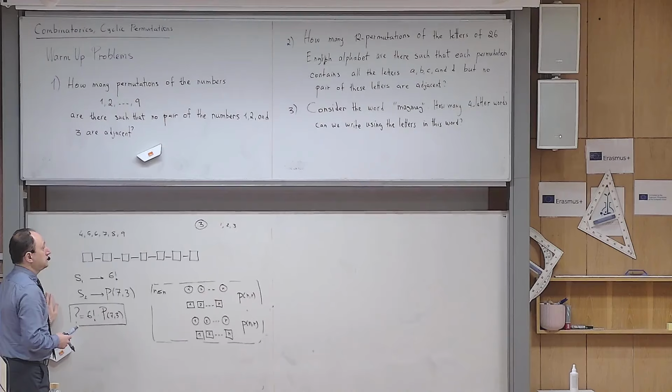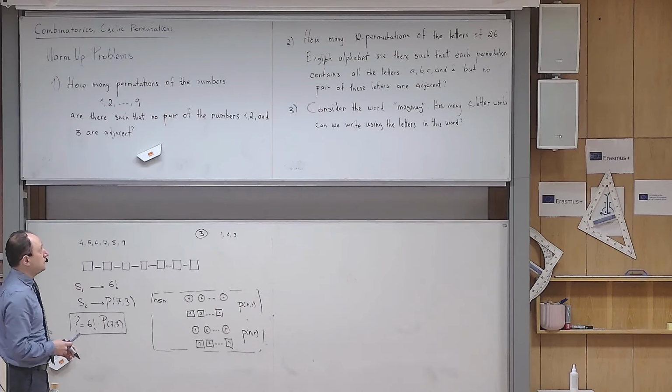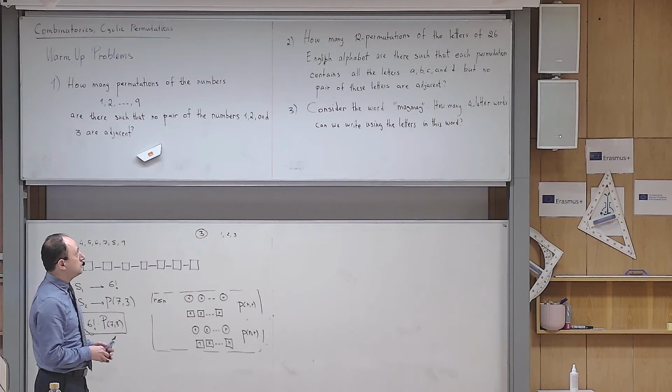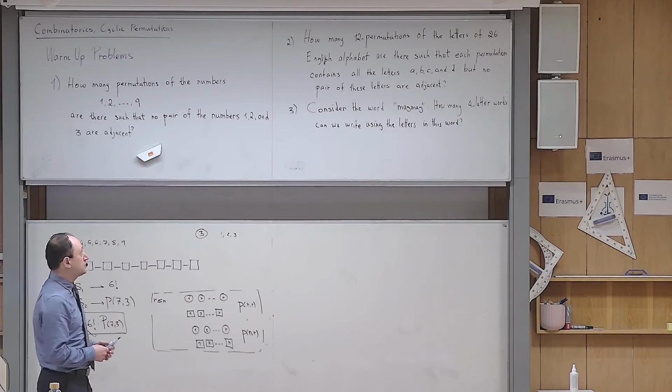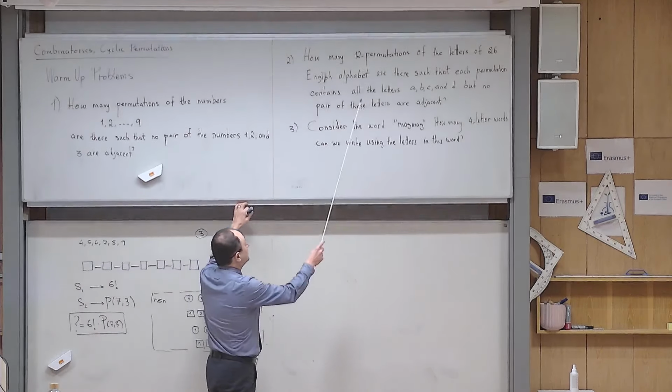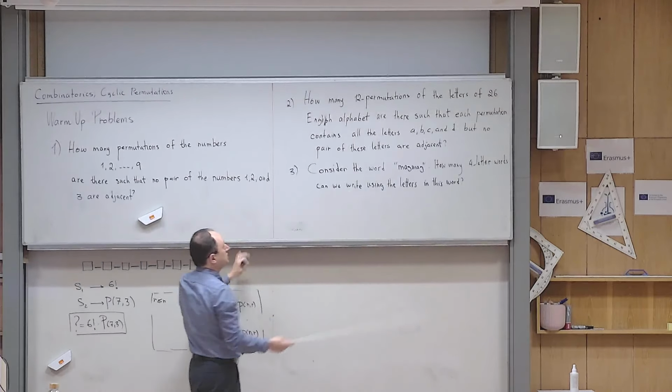Okay, let us go to the next question. In how many 12-permutations of the 26 English alphabet letters are there such that each permutation contains all the letters A, B, C, and D, but no pair of these letters are adjacent? So first of all, I hope that you remember the meaning of 12-permutations.